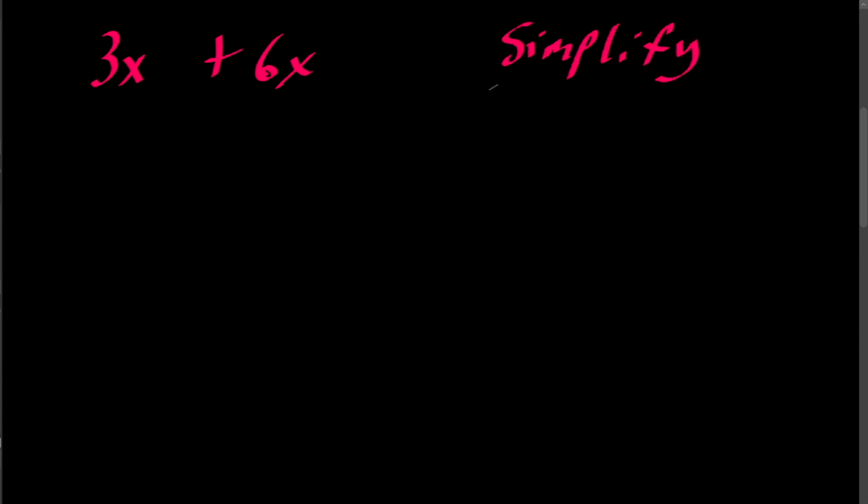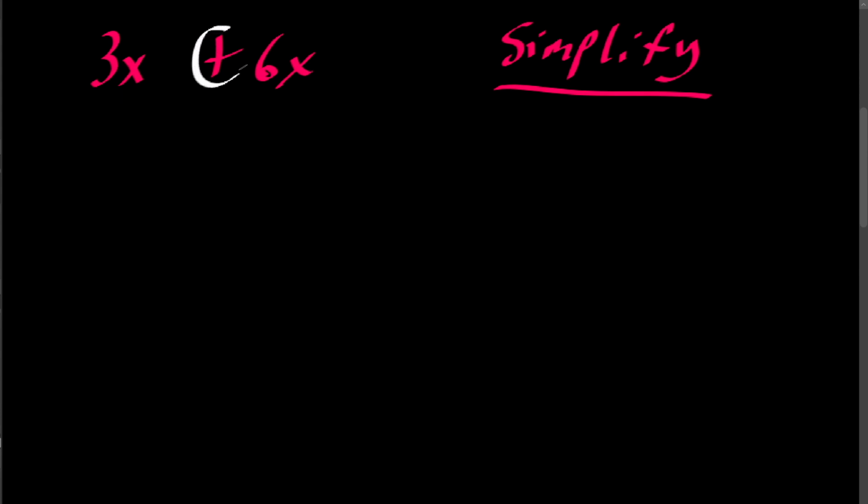Let's go with an easy one: 3x plus 6x. It would say something like simplify. If I'm simplifying 3x plus 6x, my first question is, do these two terms have the same variable?